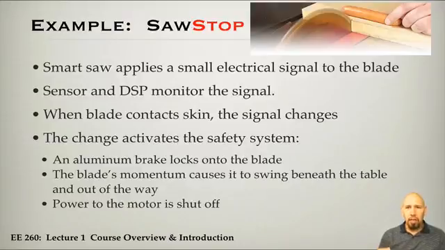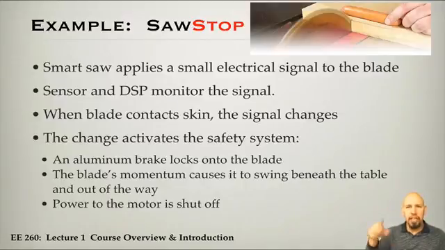So let's say your finger is getting into the blade. As soon as it just barely touches, the electrical properties change. It's picked up by the sensor and DSP, and the safety system is activated. When the safety system is activated, three things happen. First, an aluminum brake locks onto the blade. It's like a block of aluminum just grabs the blade.